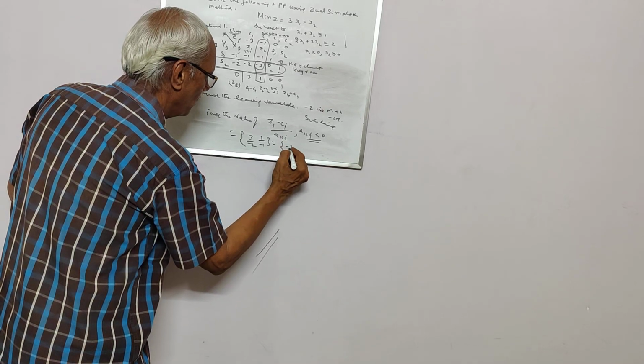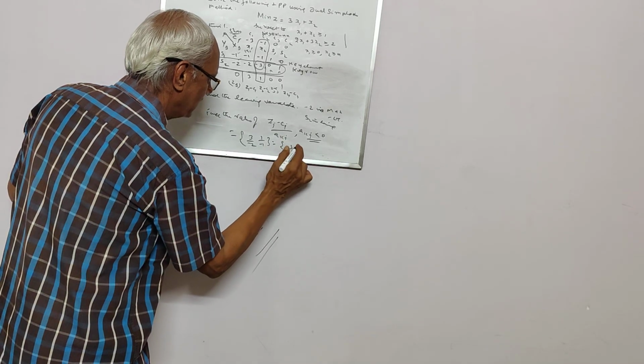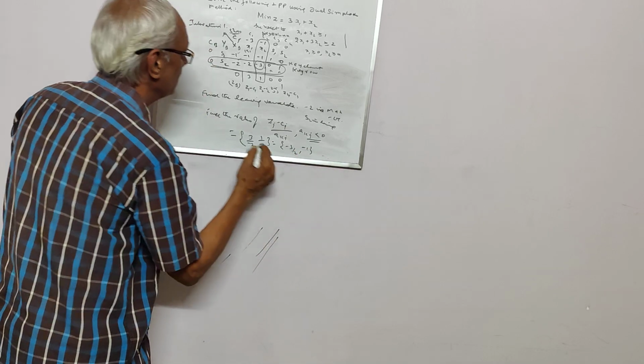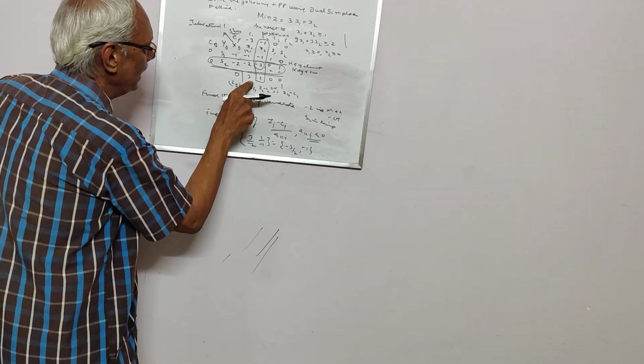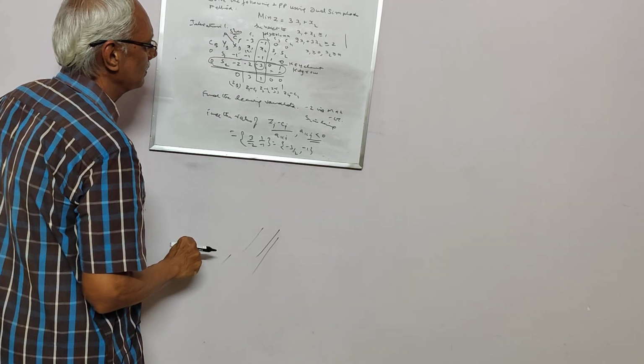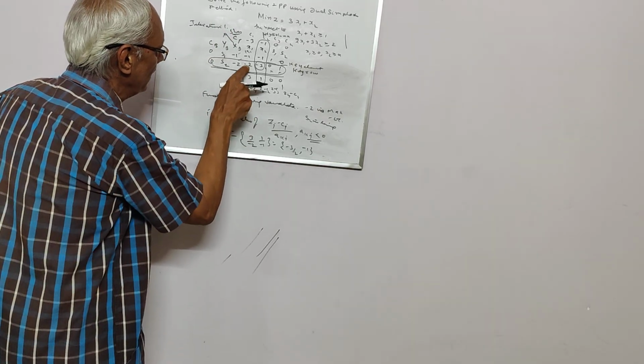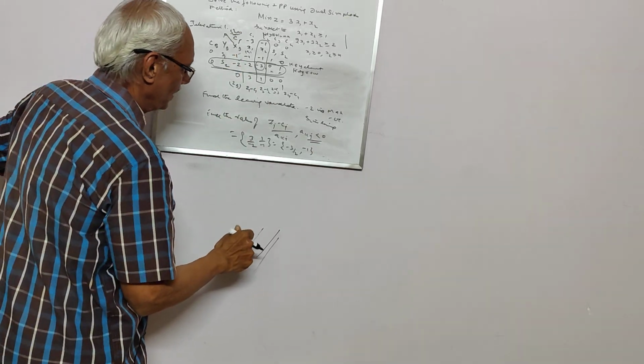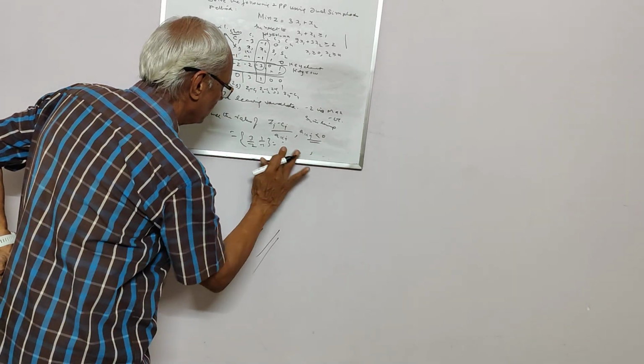So this is equal to minus 3 by 2. It is minus 1, I am sorry. So 3 divided by minus 2 and 1 divided by minus 3.